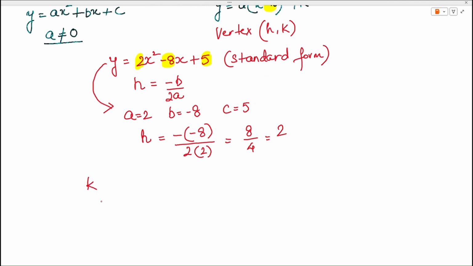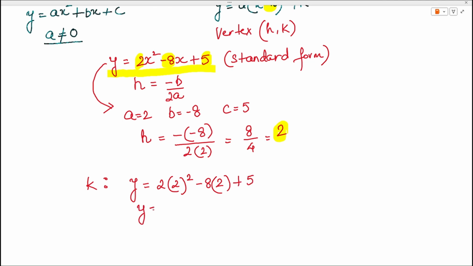To get the value of k, we have to take this value of h, which is 2, and substitute it into our standard form of the equation as x. So we are trying to find the value of k. y is equal to 2 times, instead of x, we put our h value, 2 squared, minus 8 times 2, and then plus 5.